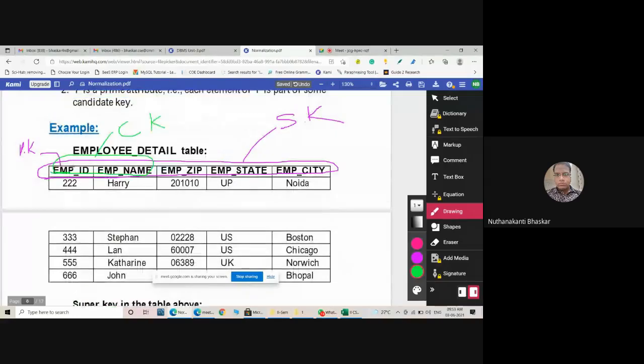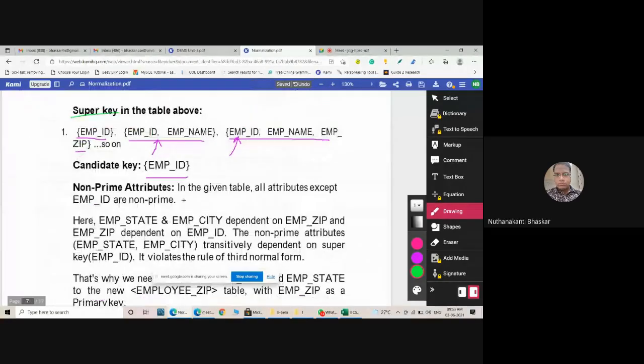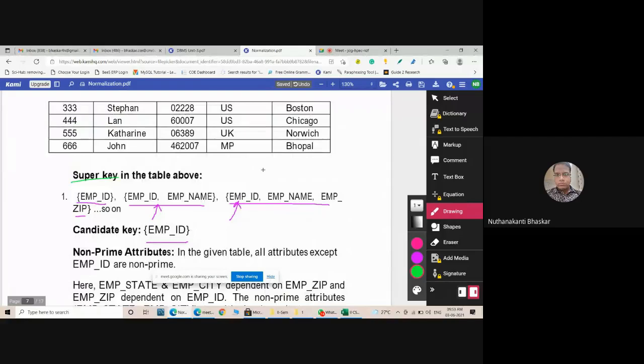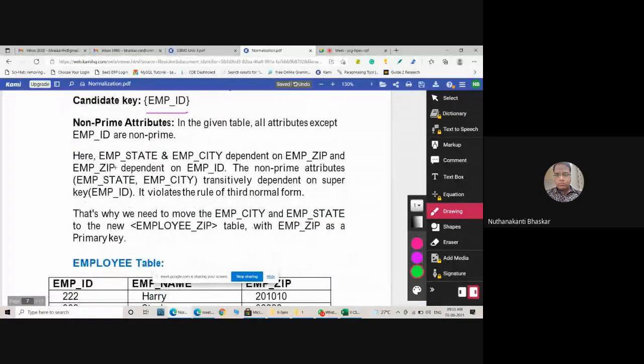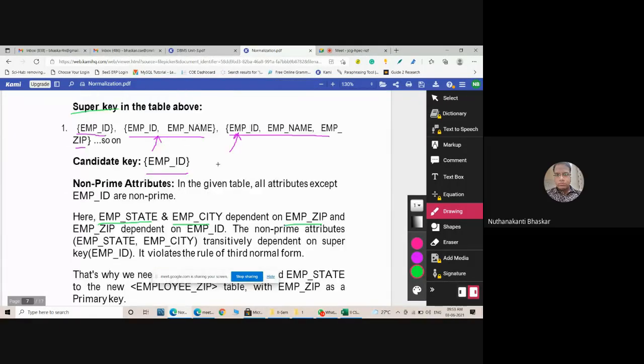Everywhere employee ID is involved, so only employee ID you can consider as a candidate key. Now in this given table, employee state and employee city are the two attributes that depend on employee zip code. Yes or no?